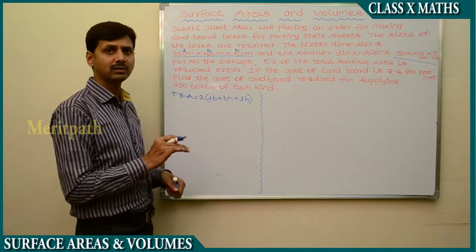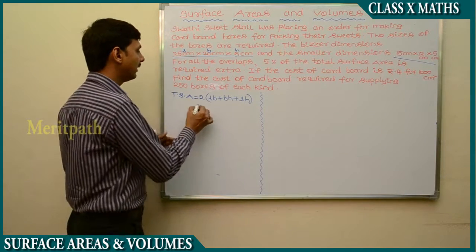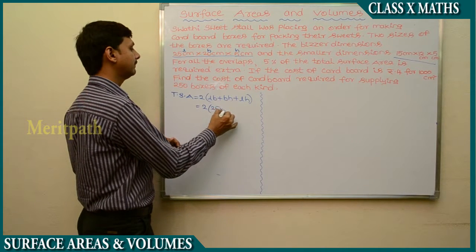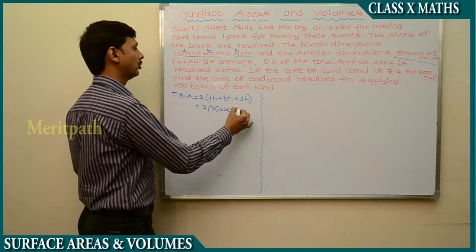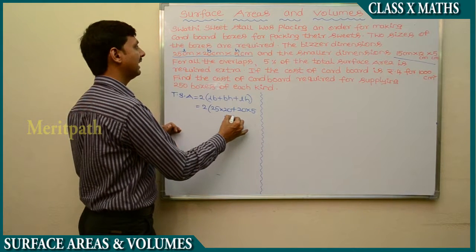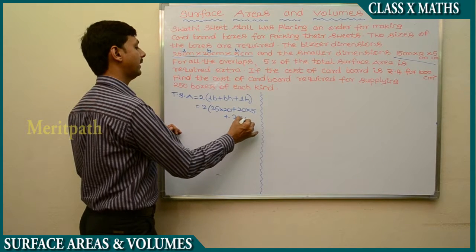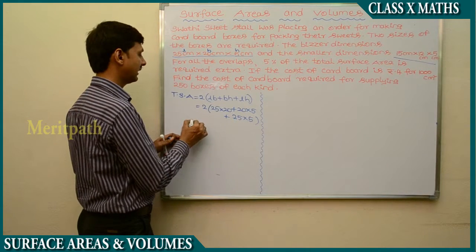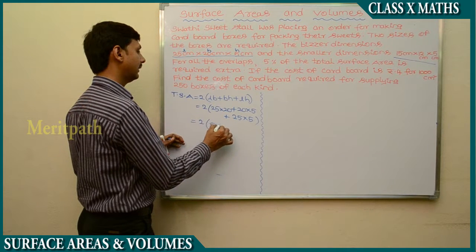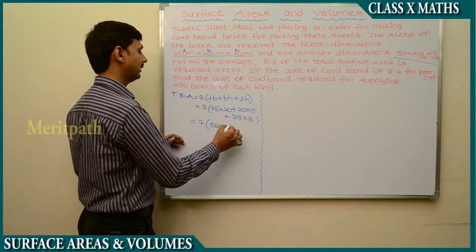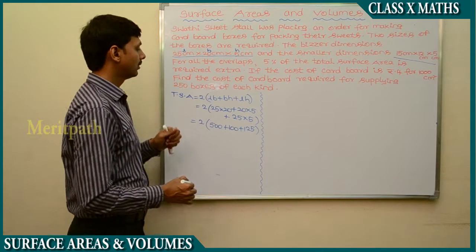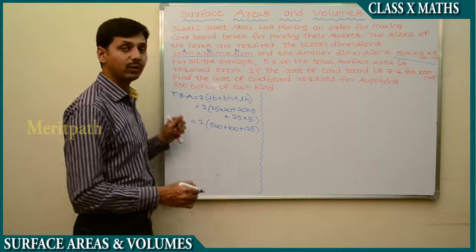So let's substitute and see what value we get. 2 into (25 into 20 plus 20 into 5 plus 25 into 5). Closing the bracket, we get 500 plus 100 plus 125.